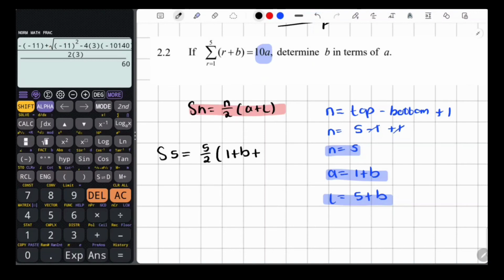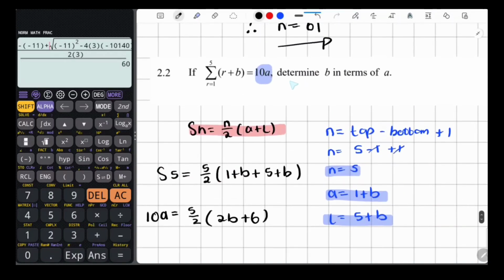Because it's a plus, you don't need any brackets. And then we know that S5, the sum of the terms, they told us here gives you 10a. So we replace with 10a over here. So 10a is equal to 5 over 2, and then let's add these. We have b plus b, which is 2b, and then 1 plus 5, which is positive 6.